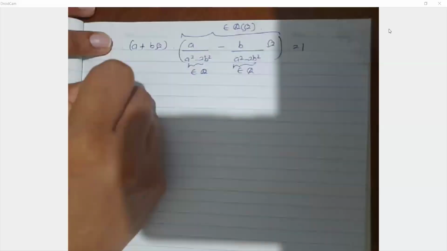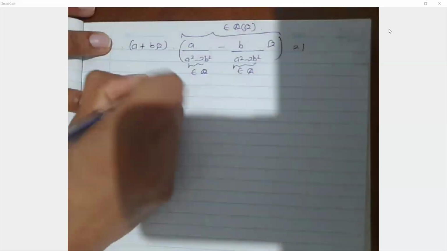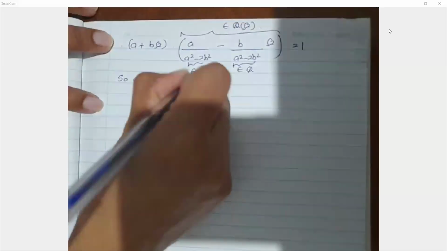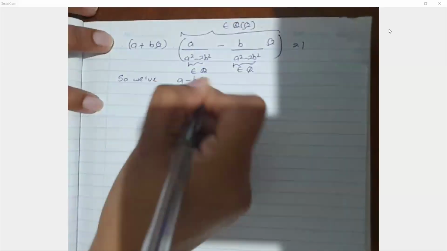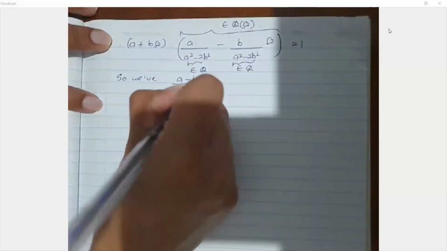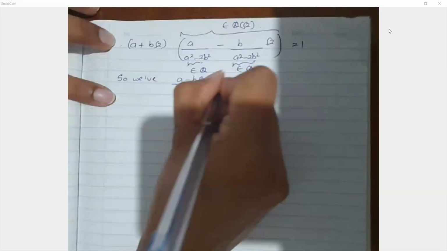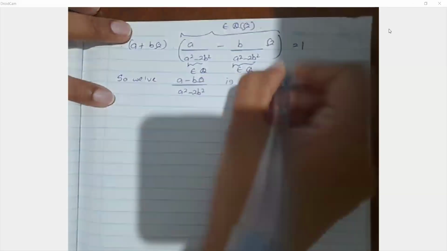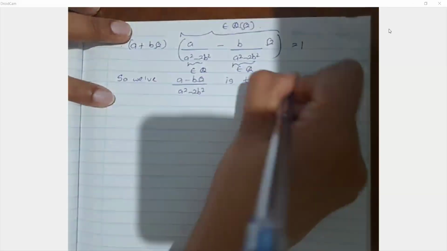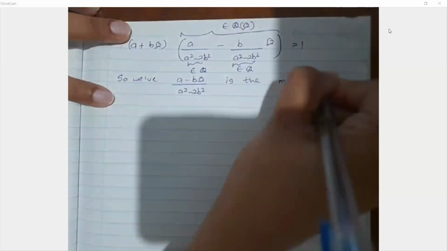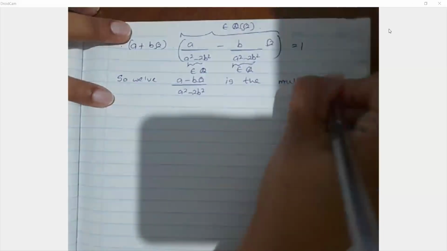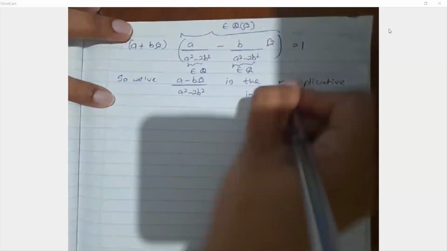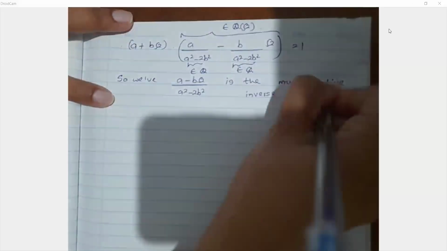So we have a minus b root 2, I will simply write it in this form, over a squared minus 2b squared, is the multiplicative inverse of a plus b root 2.